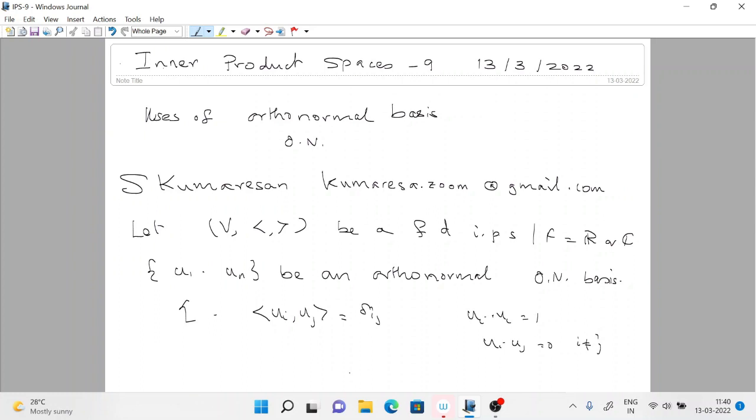Now in general, if you have any vector space, since u1, u2, ..., un is a basis, we know that given any vector v in V, there exist scalars, call them xi in F, such that v equals the summation xi ui, i equal to 1 to n.